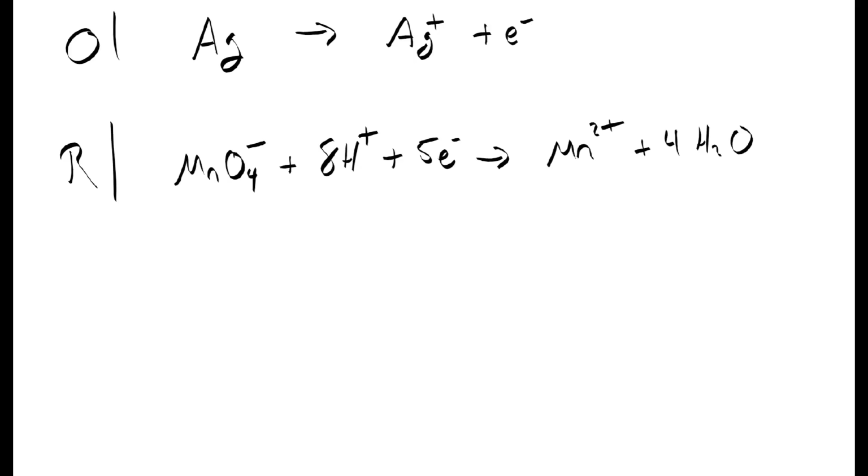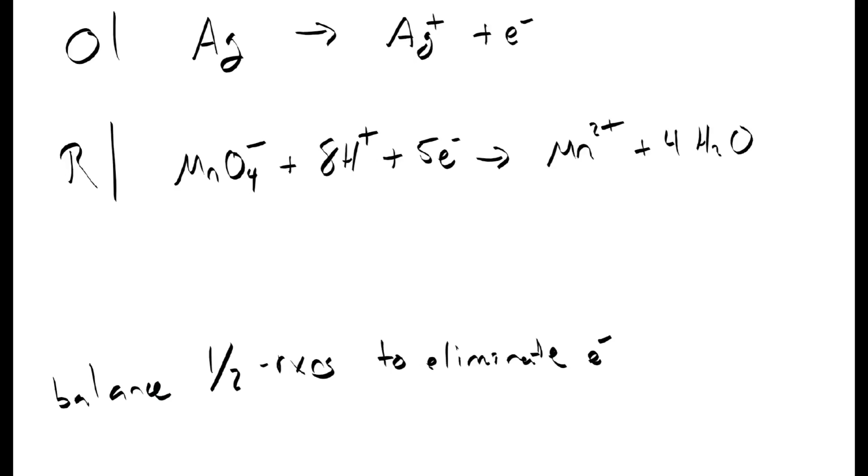So the next thing, nearly the last thing, we're almost done balancing this, I promise you, is you balance the 2 half reactions to eliminate the electrons. Okay. Remember, going back to spectator ions, anything that appears on both sides of the arrows is going to cancel out.